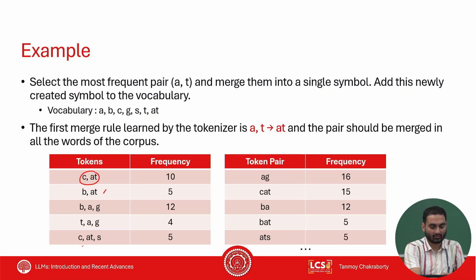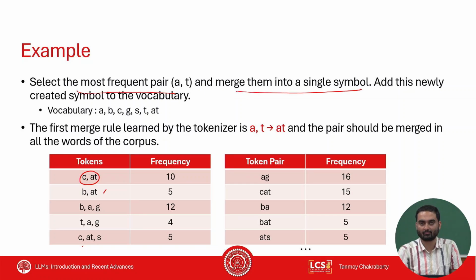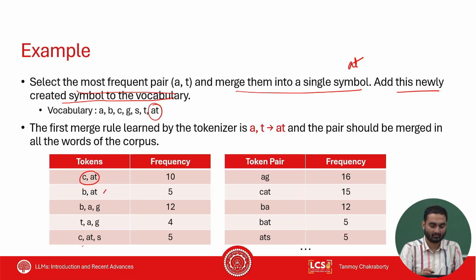Okay, so what we did, we select the most frequent pair AT, merge them into a single symbol. A single symbol is now AT. Add this newly created symbol AT to the vocabulary. But remember one thing, the earlier symbols A and T, which were used to create the new symbol, are also present in the vocabulary. It is not that we removed those two symbols A and T and replaced them by another new token AT.